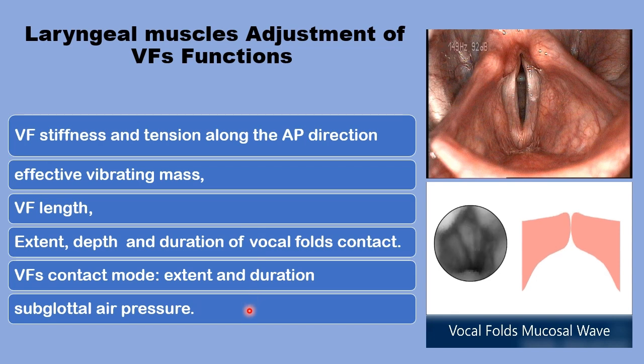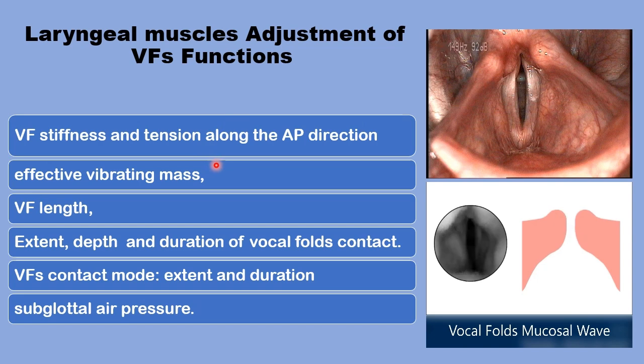They can interplay and affect each other, including the vocal fold stiffness, the intrinsic physical property of the vocal fold itself, and the tension applied to the vocal fold in terms of either stretching or compressing the vocal fold along its anteroposterior direction.